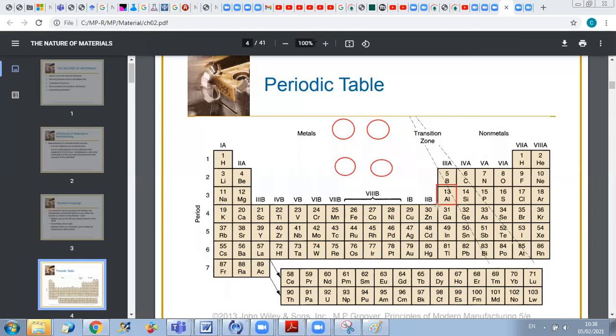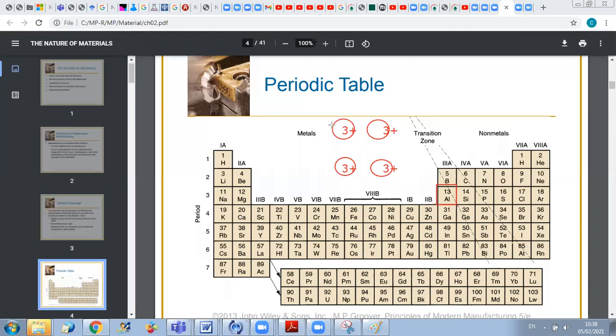Since it tends to lose the 3 electrons, each atom will be charged with a 3 plus charge. So 3 plus, 3 plus, and 3 plus. It will result in these atoms losing in total 4 times 3, 12 electrons.